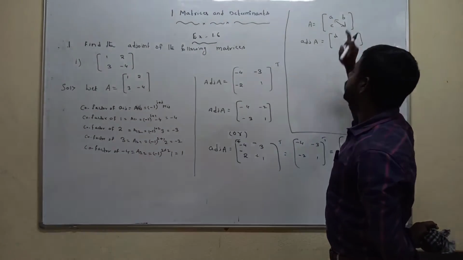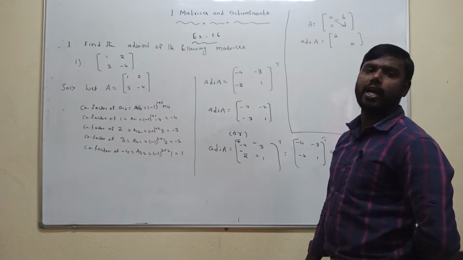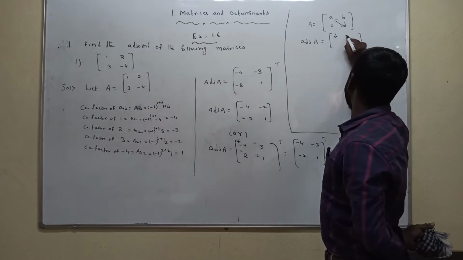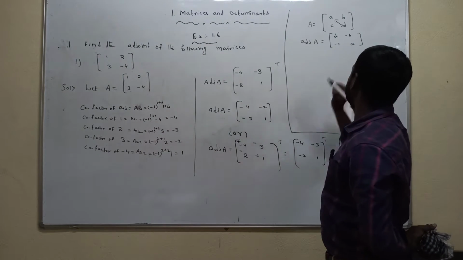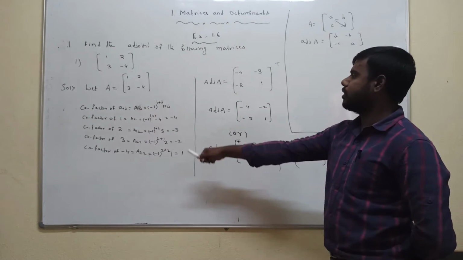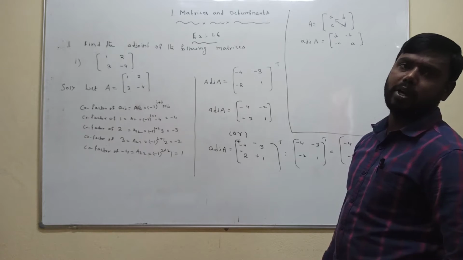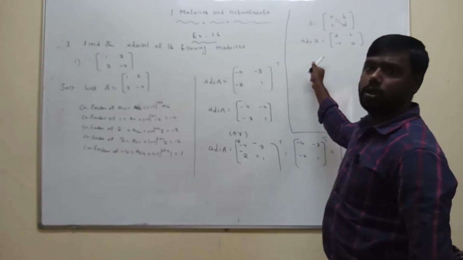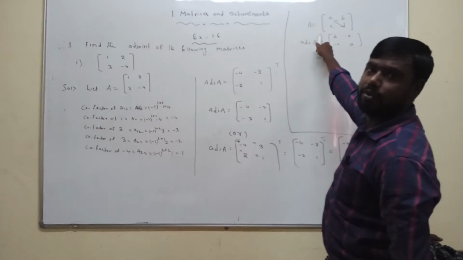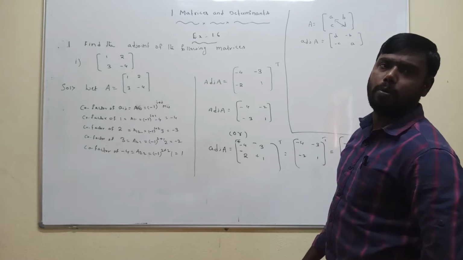These two numbers do not interchange, only we add a minus. So minus b, minus c. This is the formula here, students. Without using cofactors, this is how to find the adjoint of A, for a 2 by 2 matrix only.